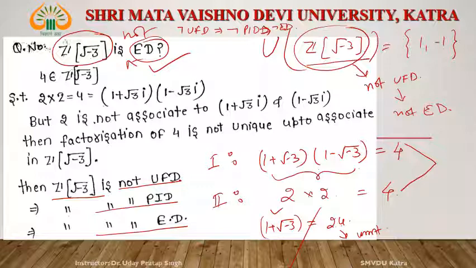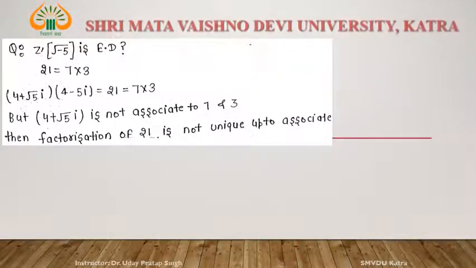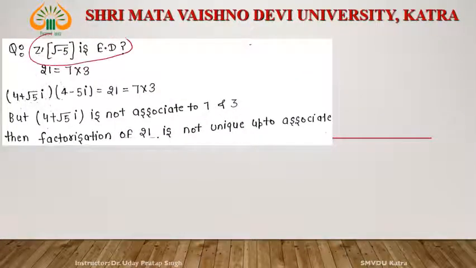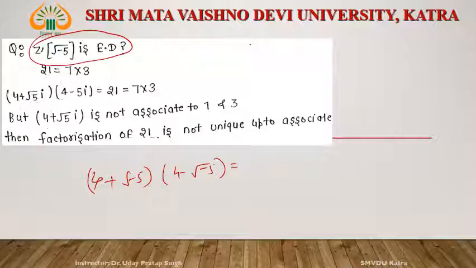Okay. Come to the second example. Z square root of minus 5 is ED? No. In a similar way, now this 4 plus square root of minus 5 into 4 minus square root of minus 5 is equal to 21, and 21 can be written as 3 into 7.